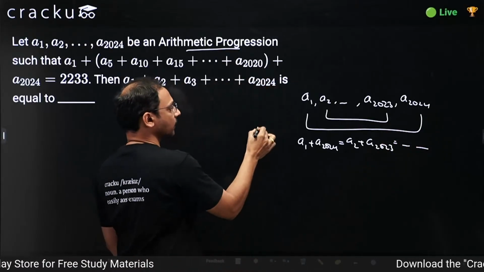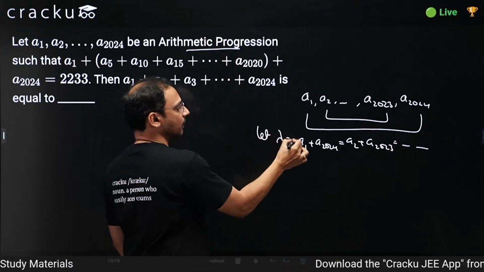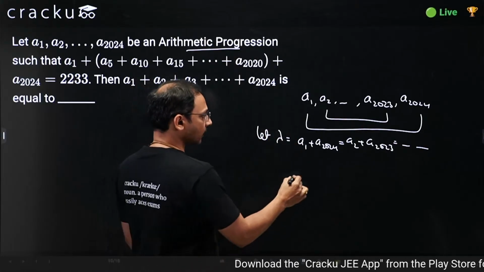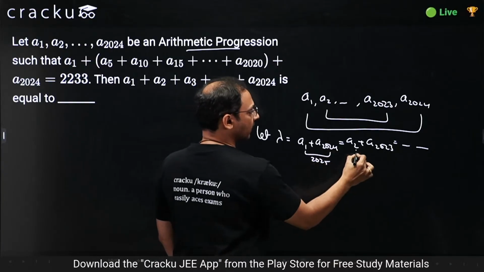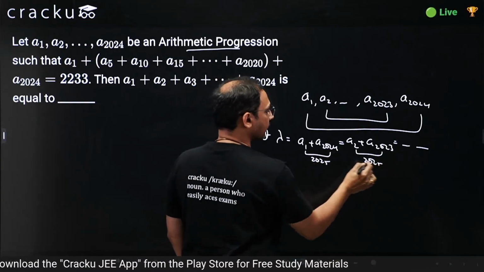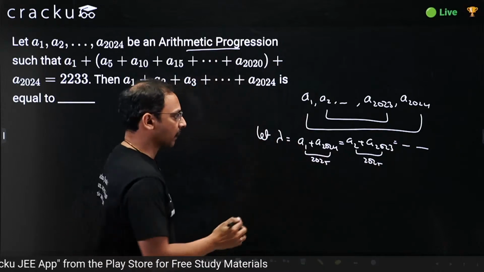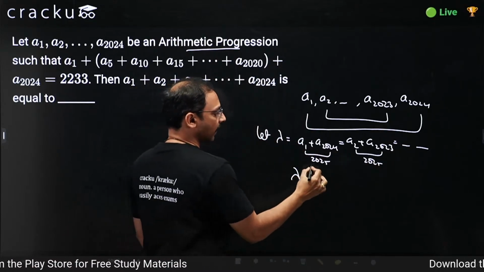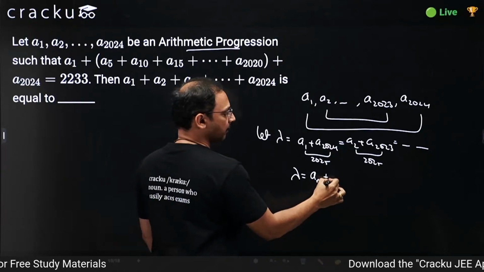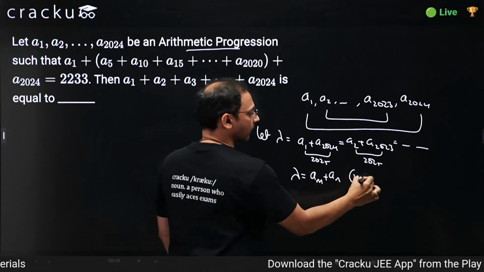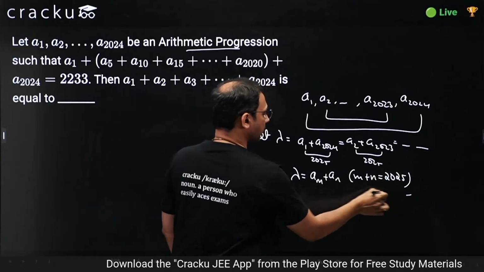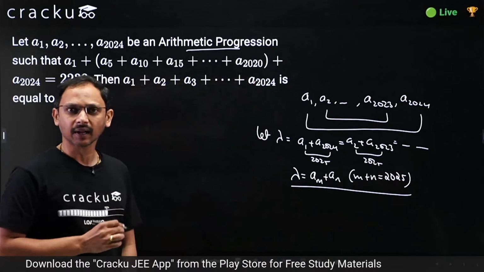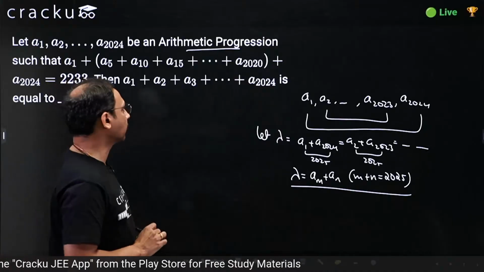So I'll assume that this sum is some lambda. As long as the sum of indices is 2025, the sum of the two terms will always be lambda. So I can also write lambda equal to Am plus An whenever m plus n is 2025. This symmetric property we'll try to use in this problem.